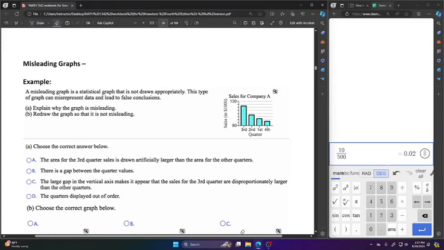Is there something else that doesn't look right? There you go. Mixed up quarters. Doesn't start at 0. Is there anything else that doesn't look good to you? They're saying that it's bad, so we need to know what those are.